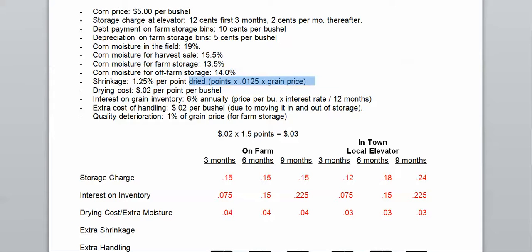Here's the formula: 1.25% per point dried. So we take points times 1.25% times grain price.